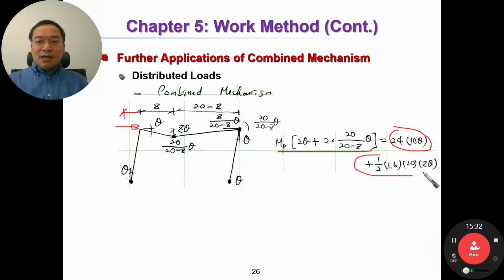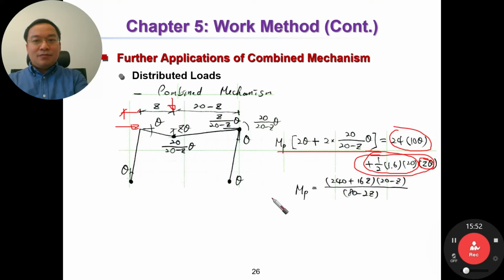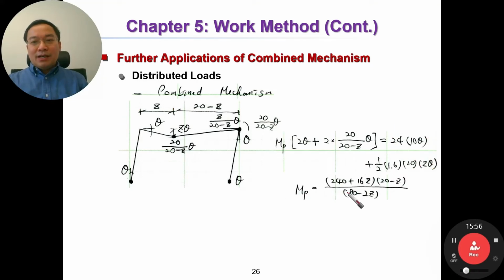And this part is due to the vertical, the distributed load, and z theta is here. Then we have MP as a function of z.